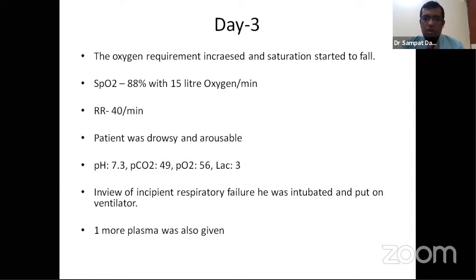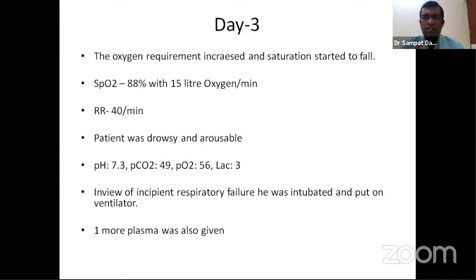With all these things, the patient was intubated and put on a ventilator. Why ventilator? Why not NIV? Please understand, I have told you that drowsy, meaning any patient with altered sensorium, is an indication not to put on NIV, and the patient had become drowsy but arousable. The carbon dioxide has started to go up with a respiratory rate of 40.